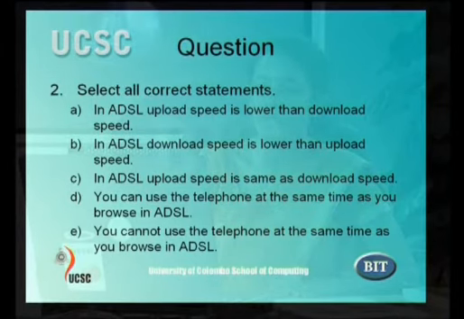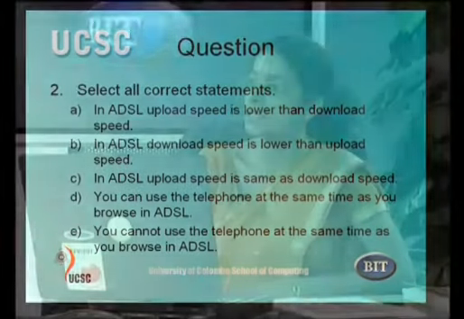Option B is, in ADSL, download speed is lower than upload speed. C is, in ADSL, upload speed is same as download speed. D is, you can use the telephone at the same time as you browse in ADSL. And E is, you cannot use the telephone at the same time as you browse in ADSL.